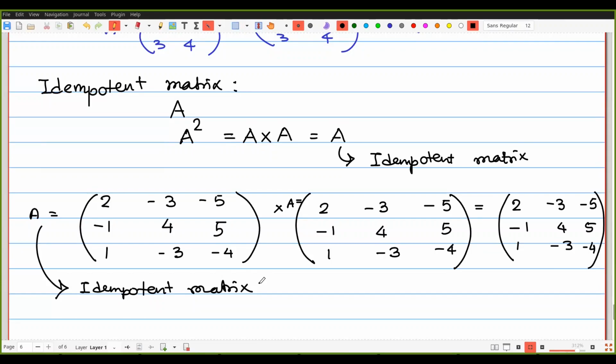Then we have a square matrix, diagonal matrix, scalar matrix, identity matrix, null matrix or zero matrix, then lower triangular, upper triangular, and finally the idempotent matrix, and then the equality of the matrices. Yet now, any question from your side?